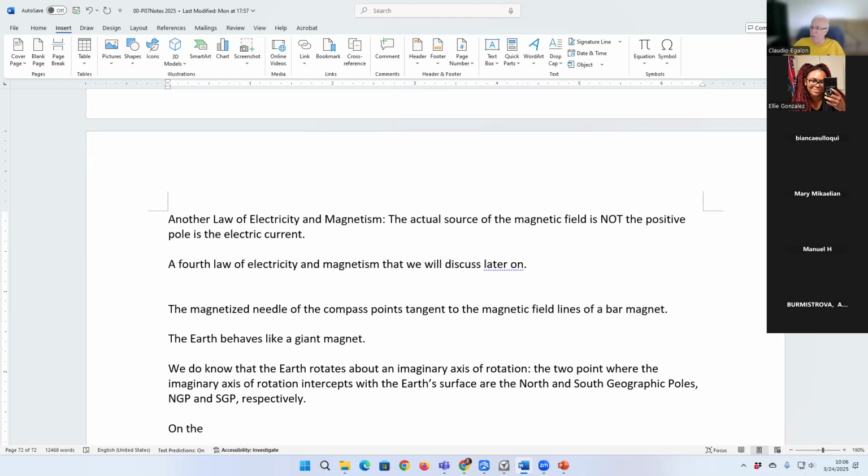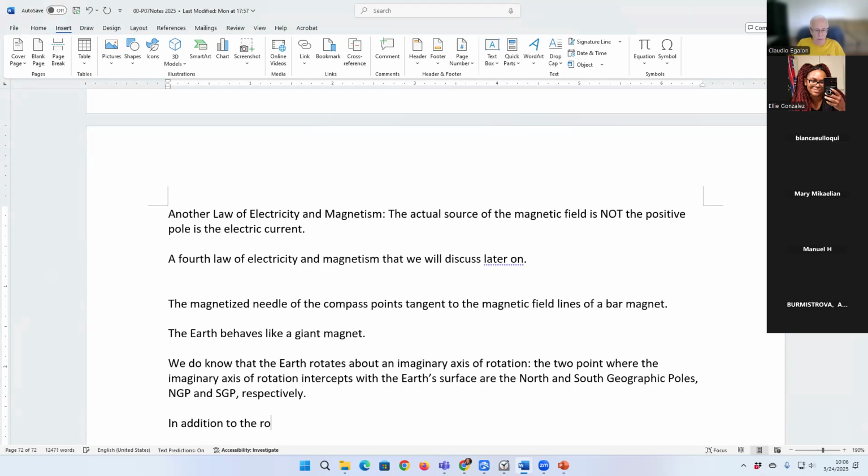In addition to the axis of rotation, the Earth also has a magnetic axis that makes a very small angle with the axis of rotation of the Earth.